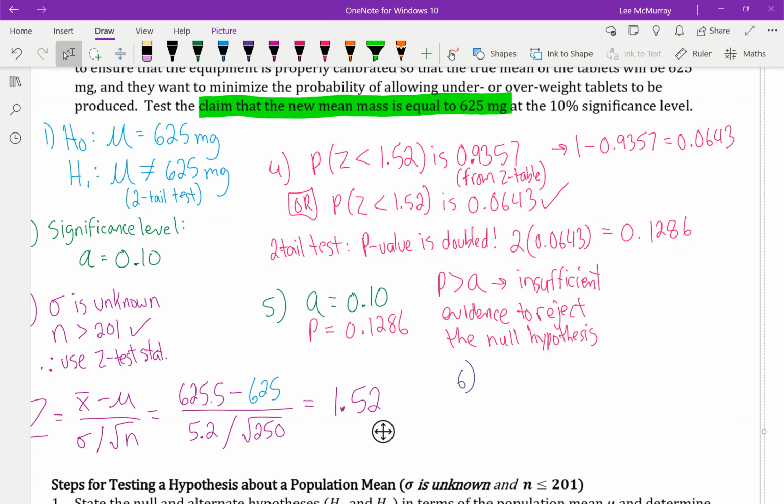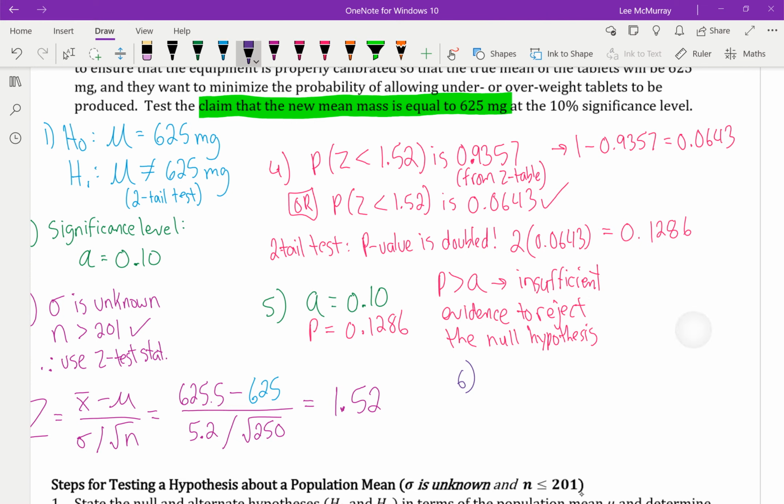Okay, I had to move some things around because it was getting too messy. To sum it up, because there's insufficient evidence to reject the null hypothesis, we can't reject it.